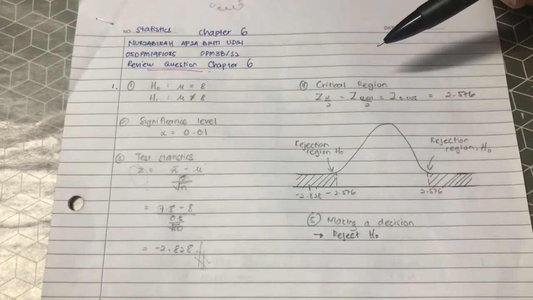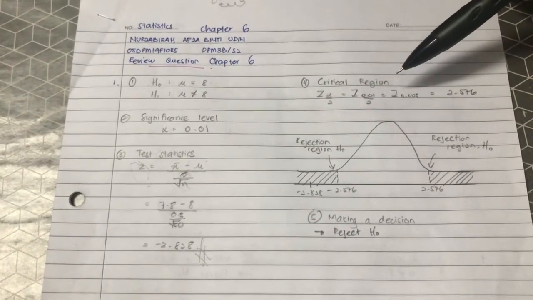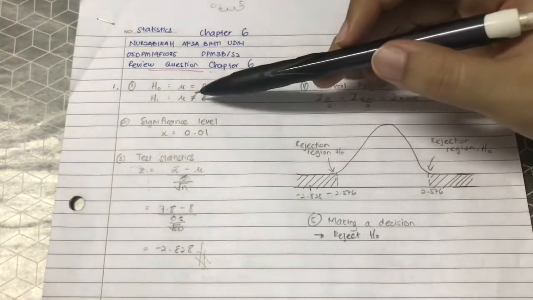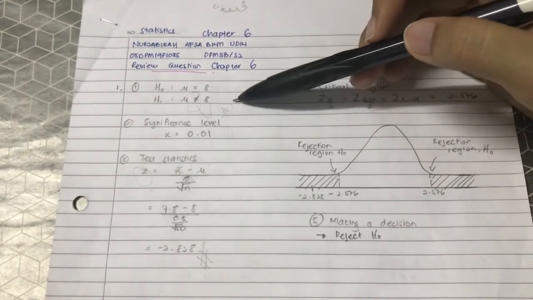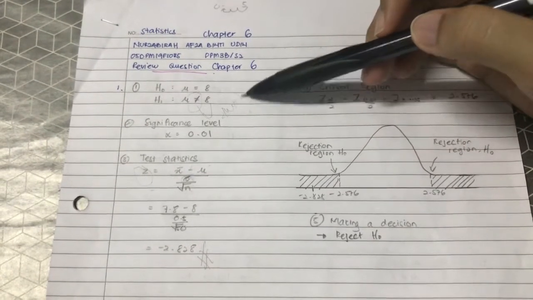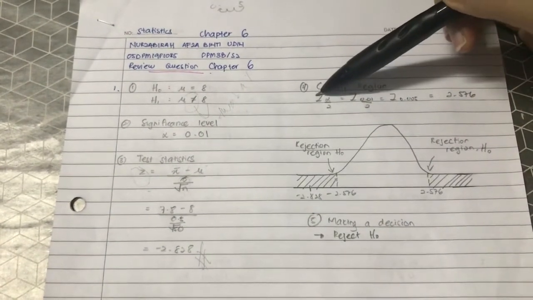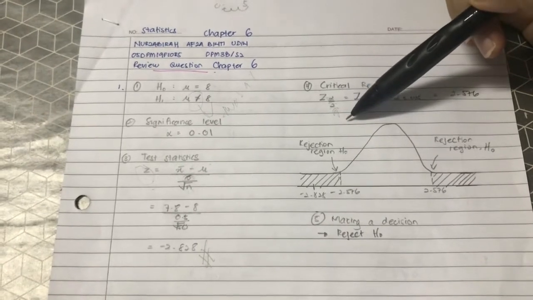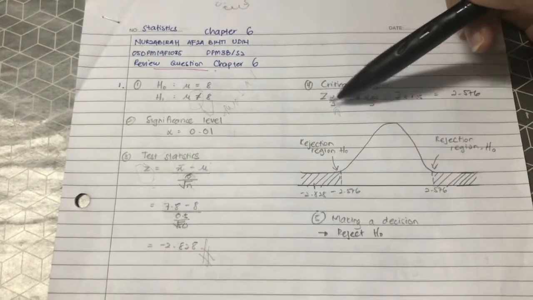In step 4, we need to mention the critical region. If the symbol is not equal, we know that this question is two-tail. So here we need to write z alpha divided by 2 because it has two tails. If it is just one tail, you just write z alpha.